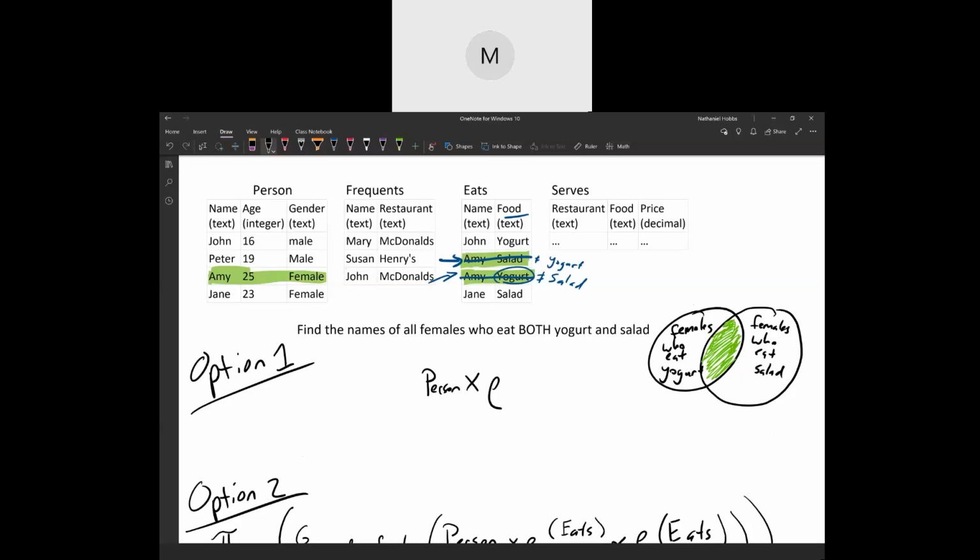Okay. Rename, with the eats table? Sure. And then rename name to name 2. Okay. And then I think you would parenthesize the whole thing, and then select gender equaling female.